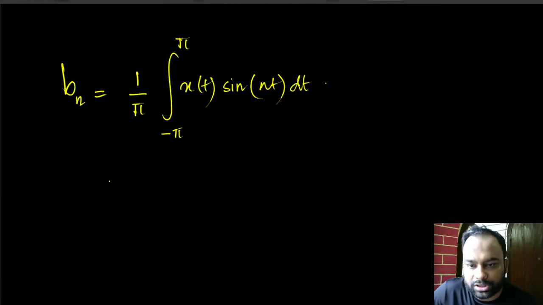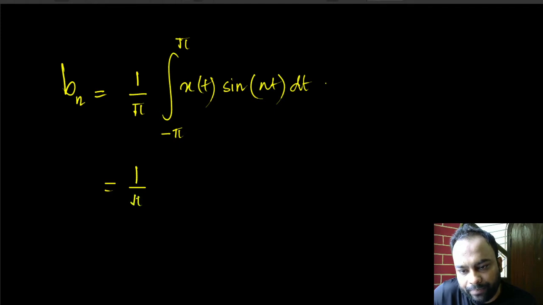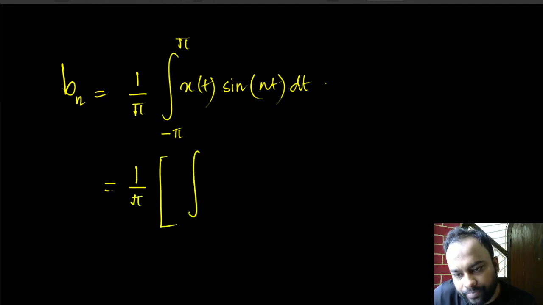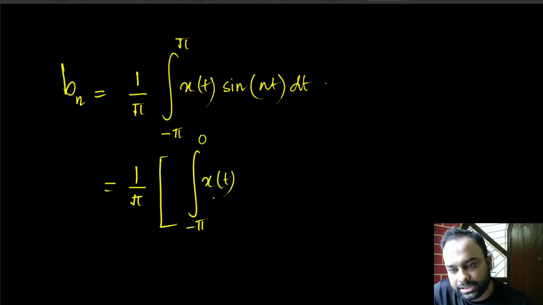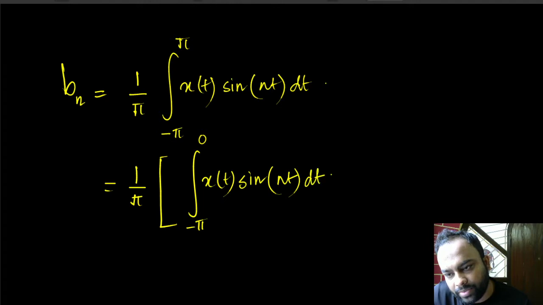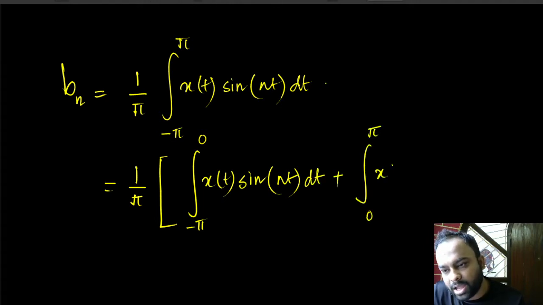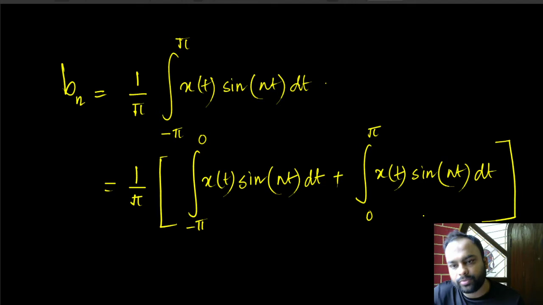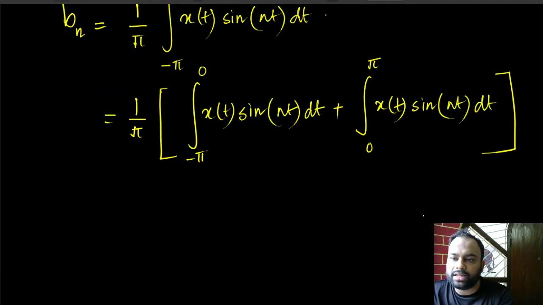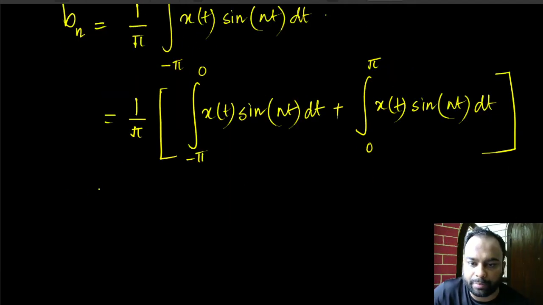One portion is from minus pi to 0 of x(t) sine nt dt, and the other portion will be from 0 to pi of x(t) sine nt dt. So these are the two components in which we are splitting the signal.